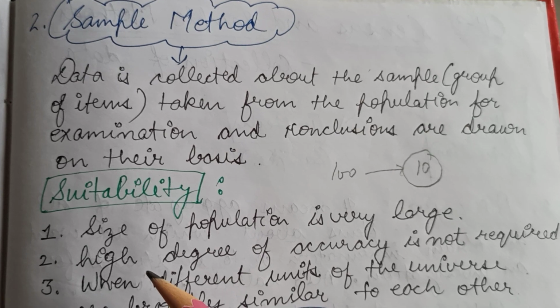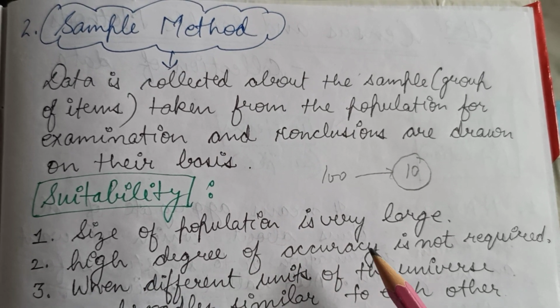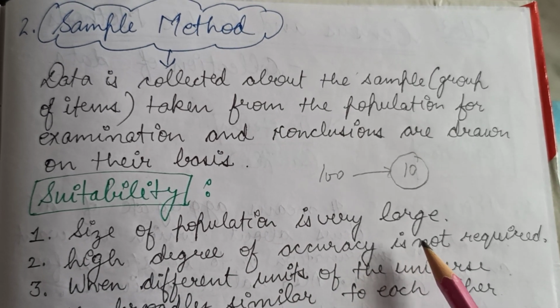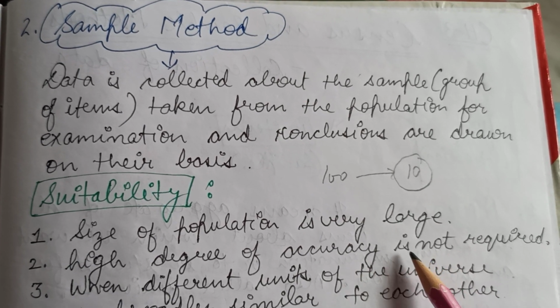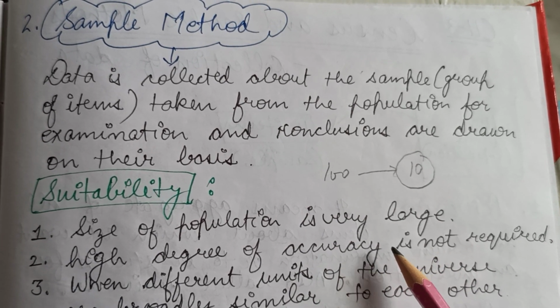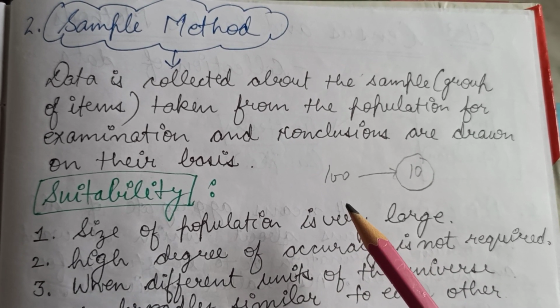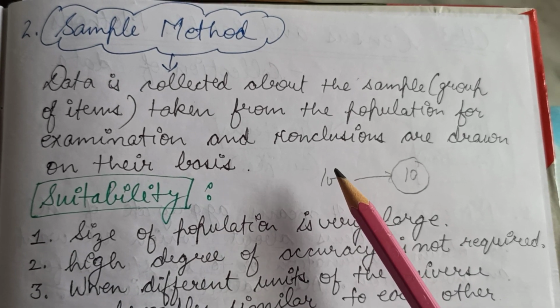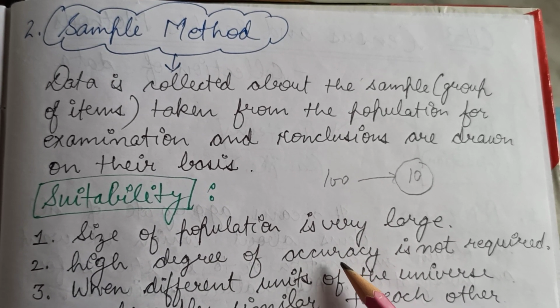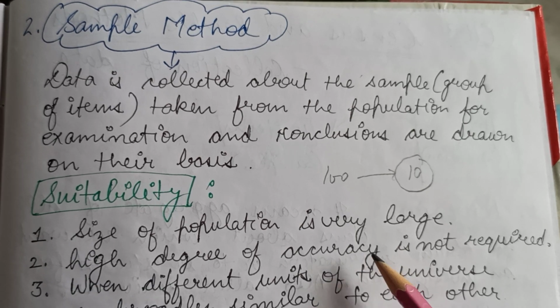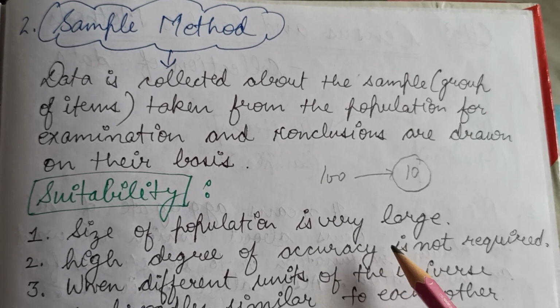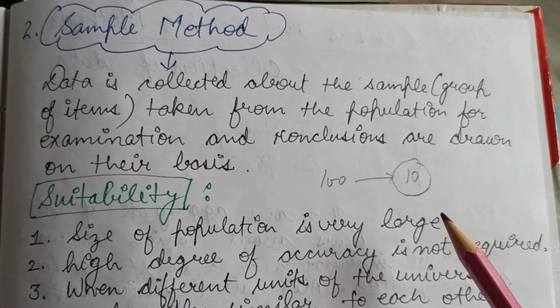The second one is that when a high degree of accuracy is not required. Basically, in the census method, the degree of accuracy is very high. But if we are drawing our conclusions on the basis of the sample method, the accuracy of data is somewhat affected because our conclusions are drawn only on the basis of a few items.